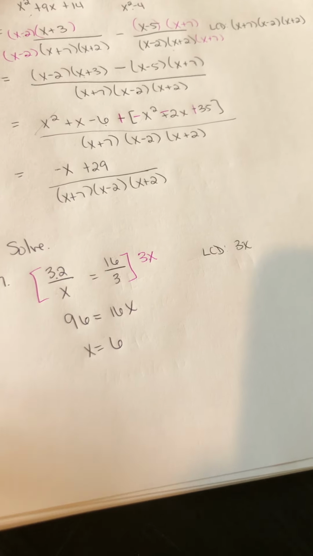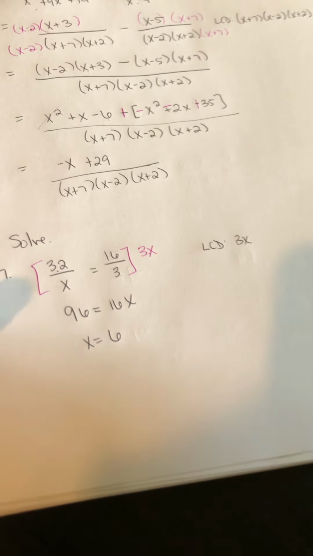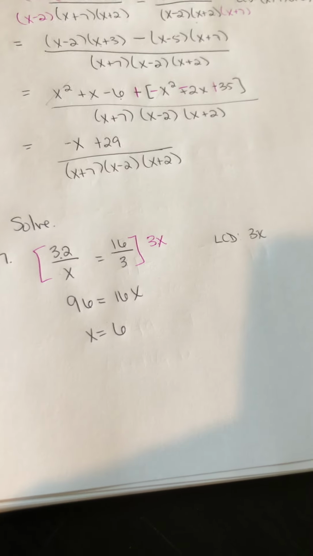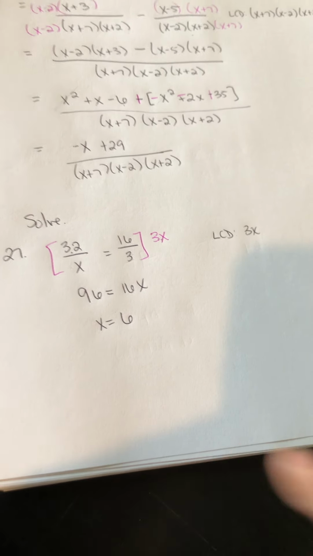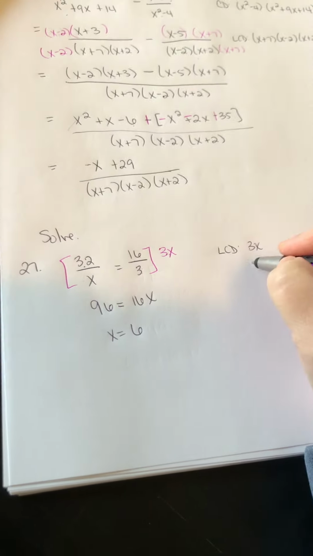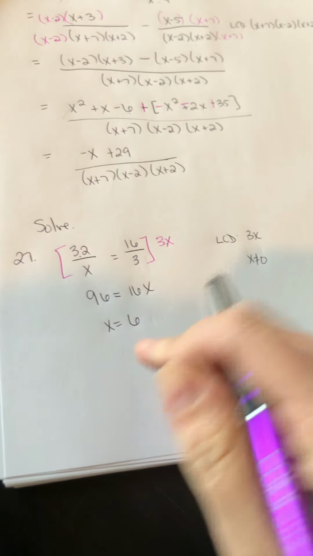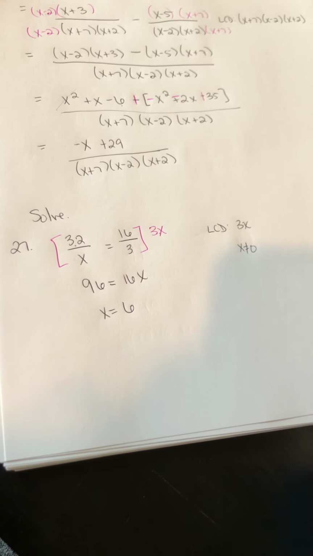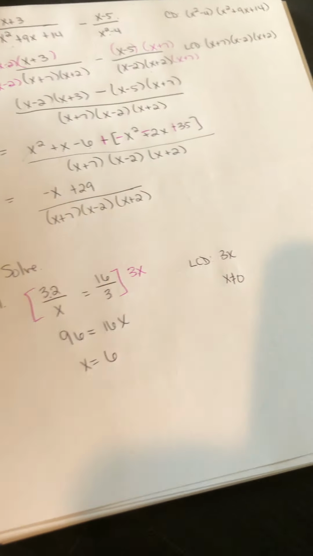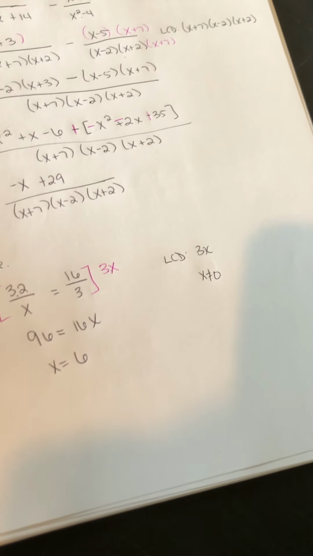And you're going to want to check all of these because, like I was saying before, we just assume that the denominator is not 0. If it's an equation, you can't just assume, because sometimes you might come up with an answer like, for this one, x can't be 0. So 6 is not 0, so it should work. And it does. I've written down the checks in the notes. You can look at them.